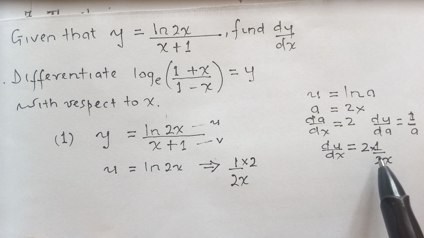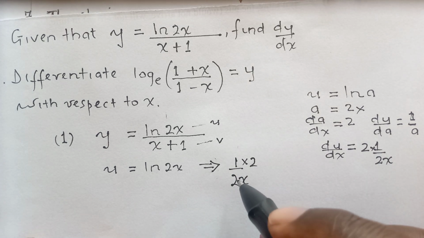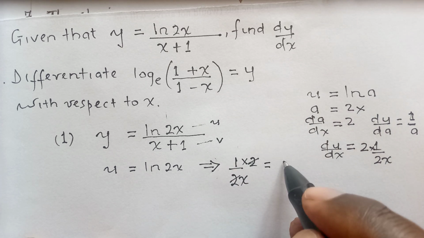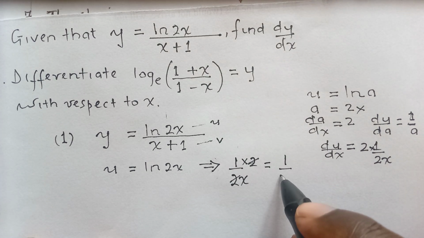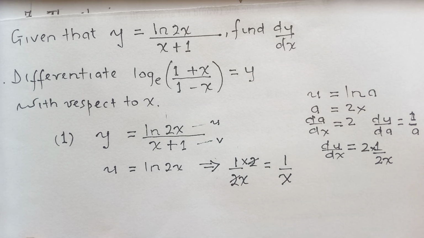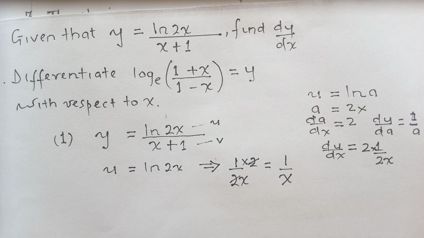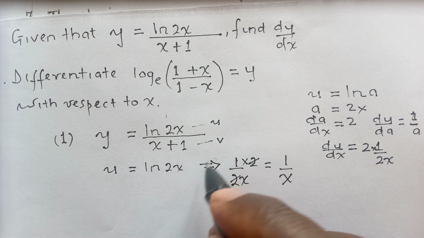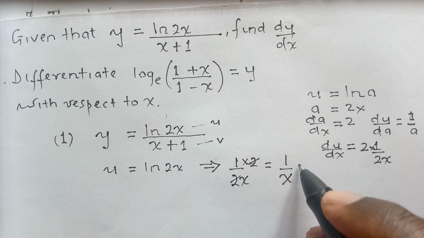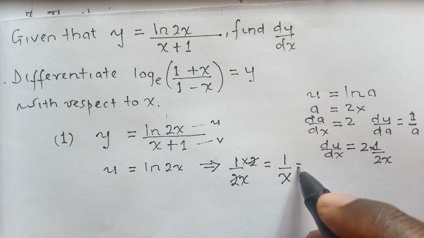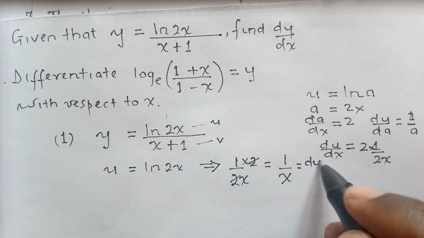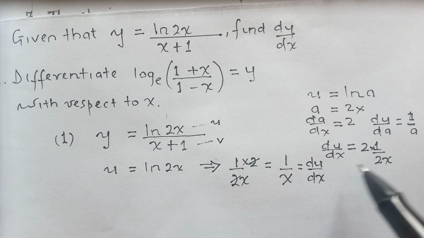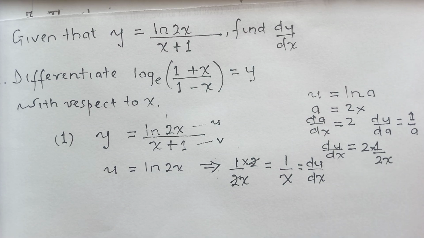So finally I can cancel that, and then we are going to have 1 over x. So this is the differentiation, we call it du dx, which is similar to this.